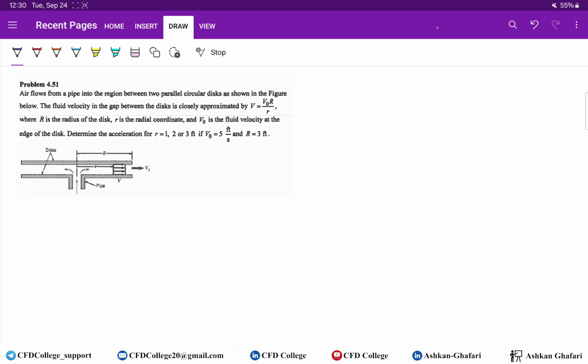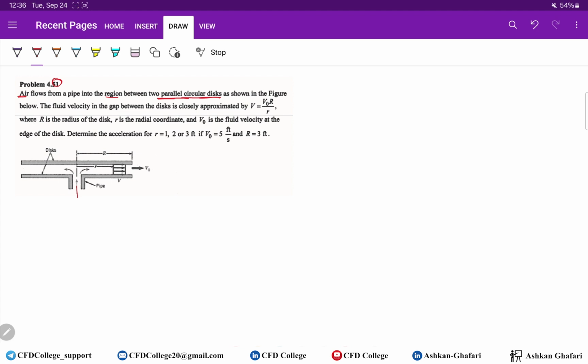The second problem, number 51. Air flows from a pipe, here we can see, into the region between two parallel circular disks. So here is the radius, outer radius of the disk. This is our coordinate. Here is the pipe and inflow, and these are the disks.